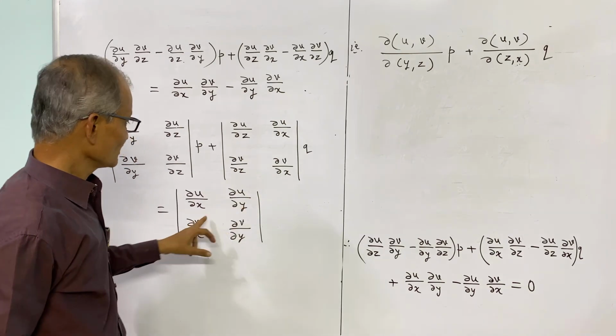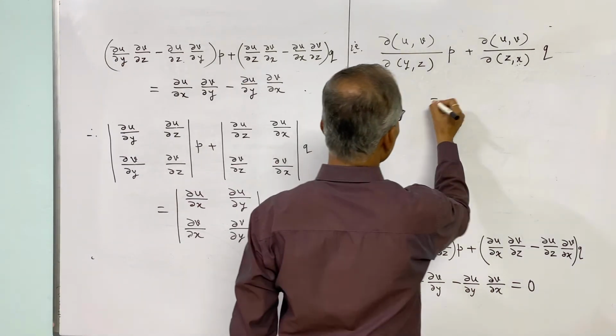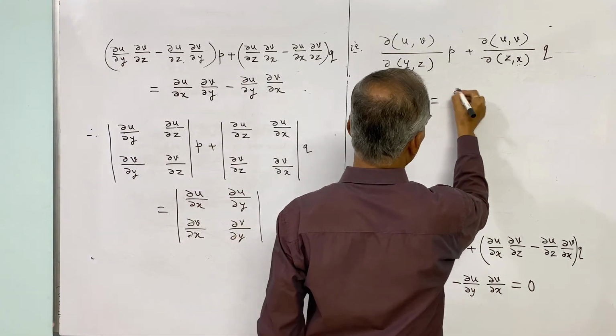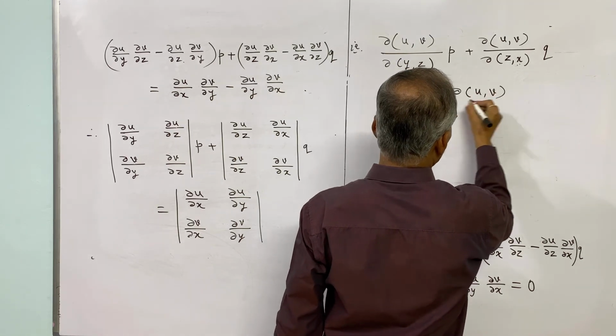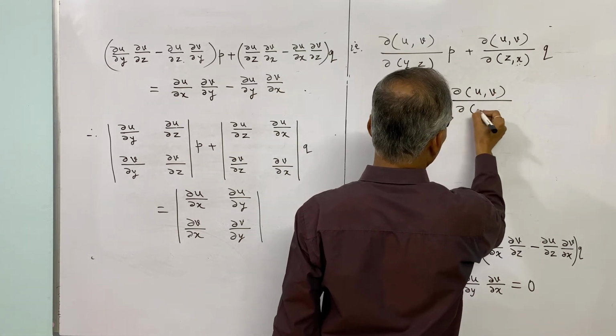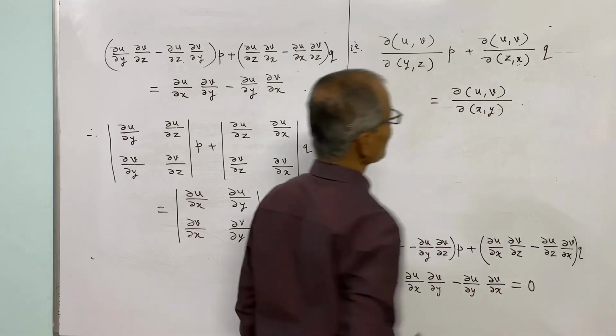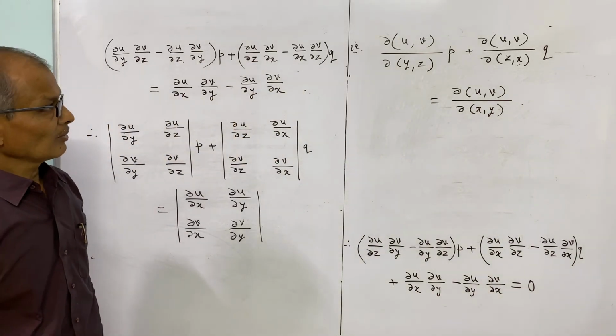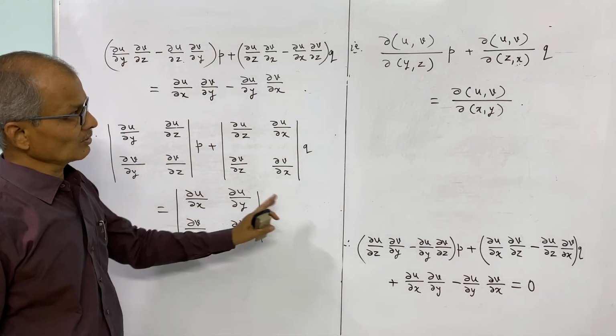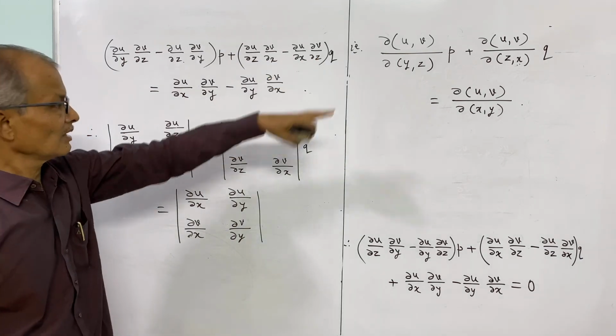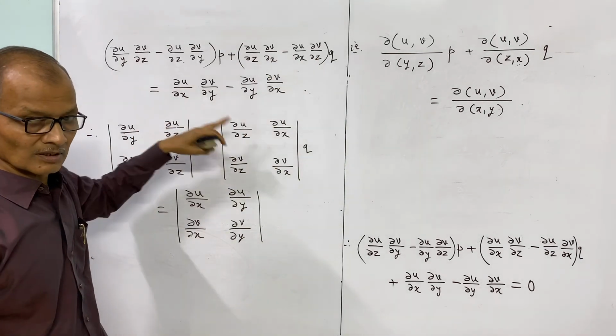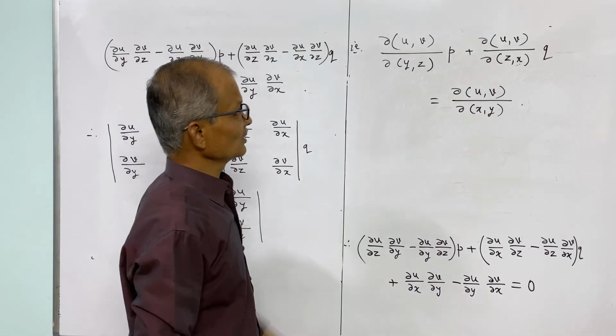The right side is also a Jacobian, of u and v with respect to x and y. So these are known as Jacobians. For the time being we have not studied them, so you assume it. These determinants represent these Jacobians.